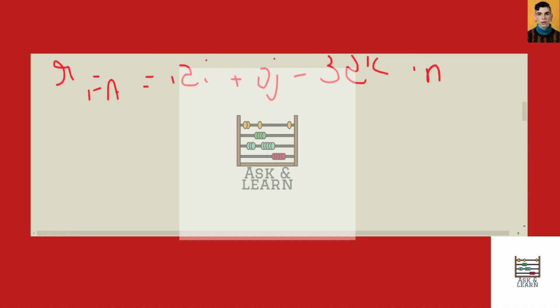Also we need to find the vectors. So the vector FJ is equal to minus 12I plus 16J, and the magnitude of FJ will be the square root of 12 square plus 16 square, which gives the answer 20 inch.